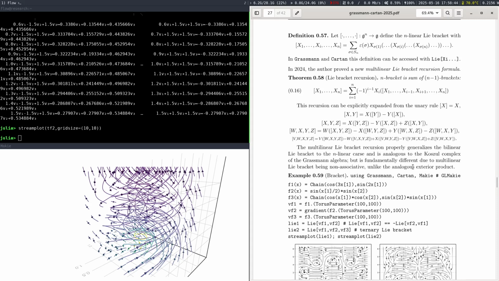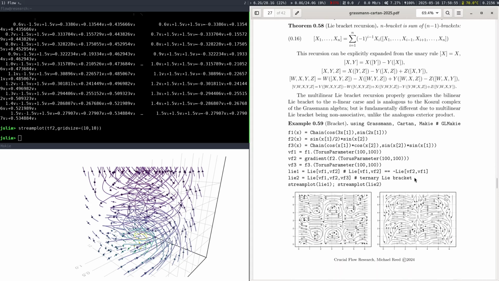So not only was I discussing this in the paper and in the video I published, and the proof and everything, I actually had this implemented in the programming language as well. So let's do this example, f1 of x.